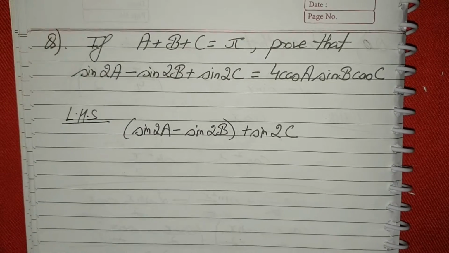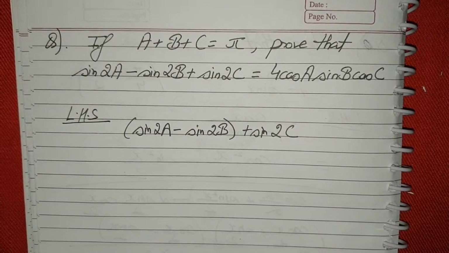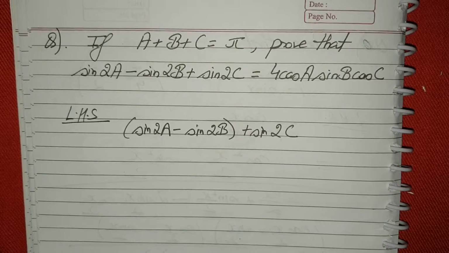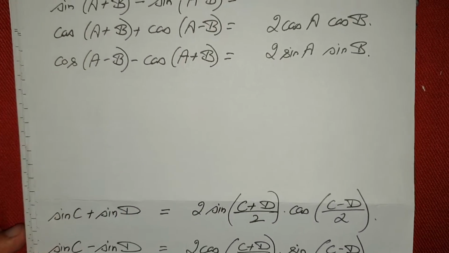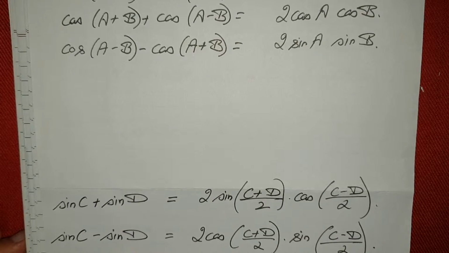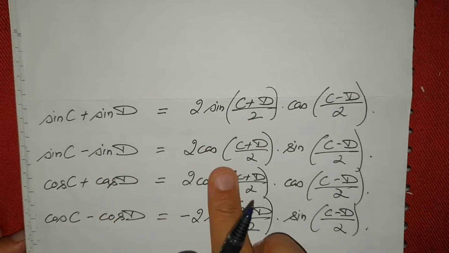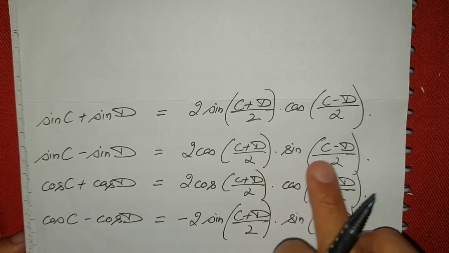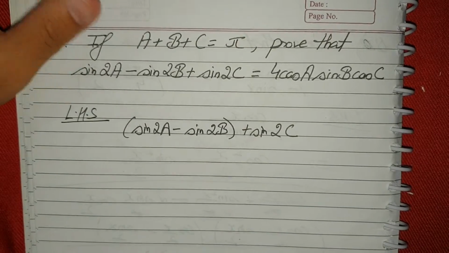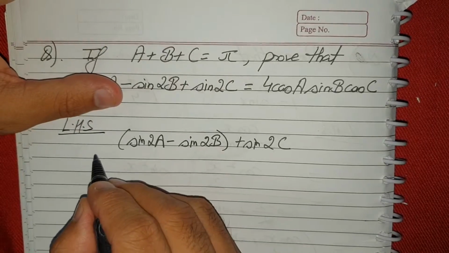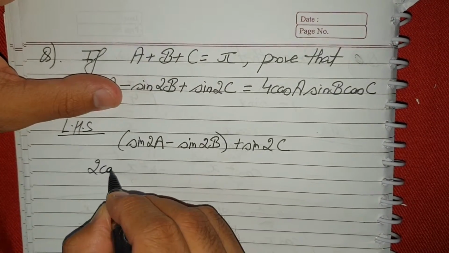Okay, now sine a minus sine b, by formula we know that sine C minus sine D is 2 cos C plus D by 2 into sine C minus D by 2. So sine C minus sine D is 2 cos, we'll start writing 2 cos.